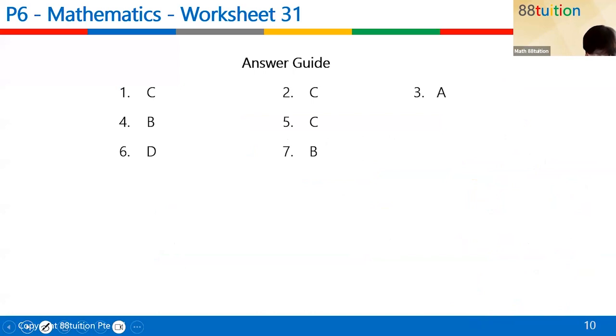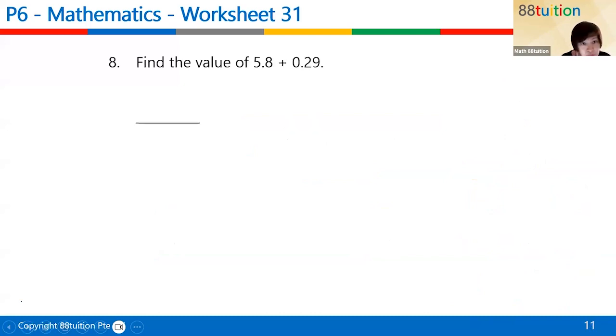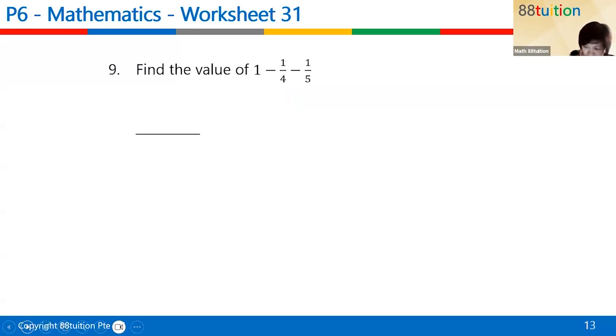Let me check for this. Find the value. I should cut a little. 906, this one most of them got correct. 5, 5, 20, I put it into 20. 5, 20, 4.